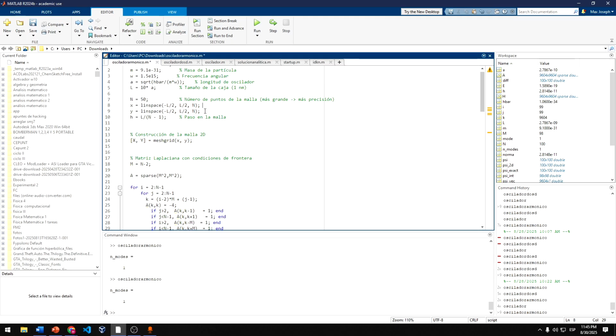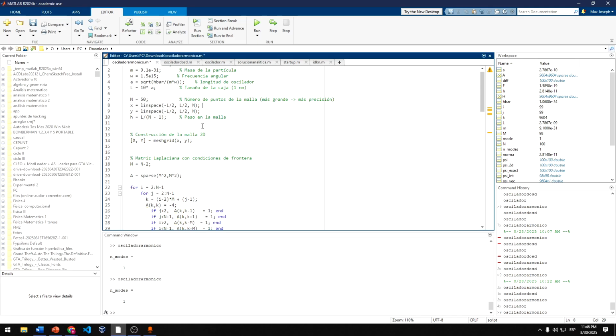Esto también va a generar otro vector, pero en este caso en el eje Y. Y este es el tamaño de paso de la malla, o sea, el número de divisiones, perdón, el número de nodos entre... va a ser la longitud entre el número de nodos menos 1, porque el número de nodos menos 1 va a ser el número de divisiones que esta longitud va a tener.